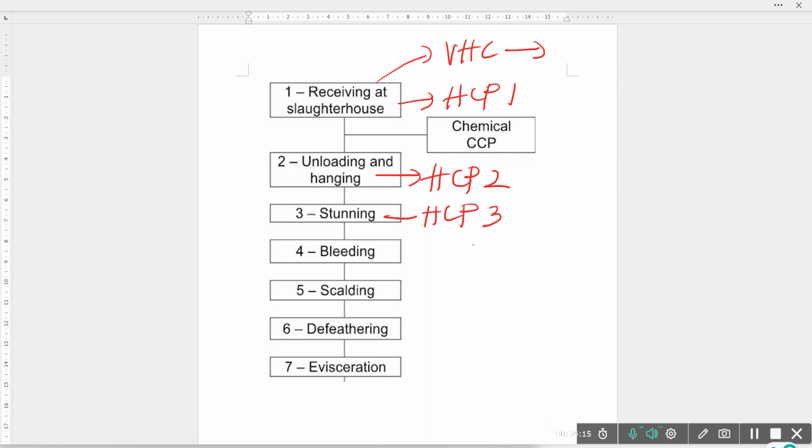After evisceration, we just take 7 steps. Out of these 7 steps, 3 steps are halal control point. So I just take the step number 1, number 2, and number 3 only to the table. Bring to the table. Kita tak akan masuk 7 steps.